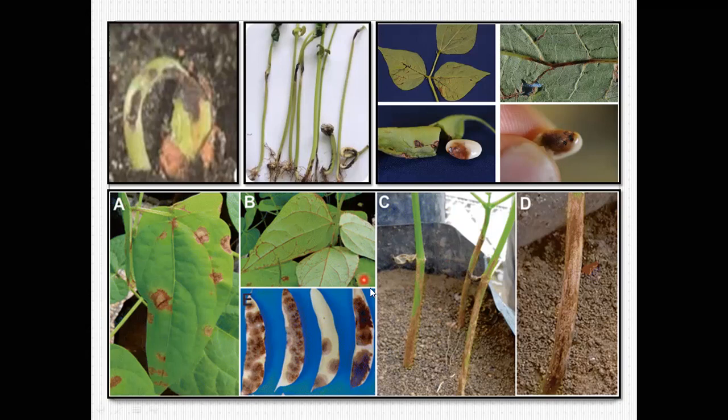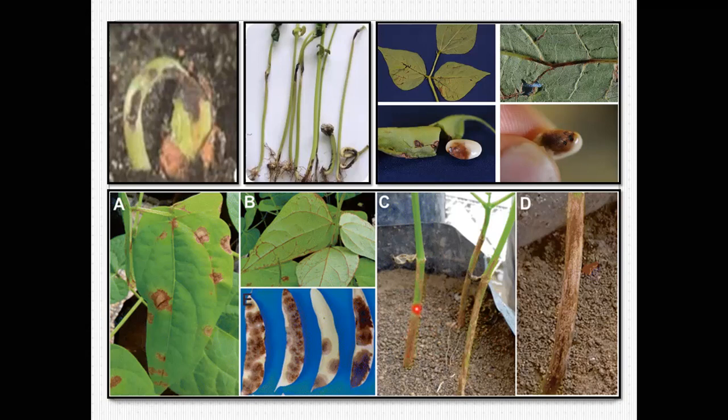Then the most affected areas of the bean crop are the stem and pods. Oval to circular spots with brown to black margins are seen on the stems.